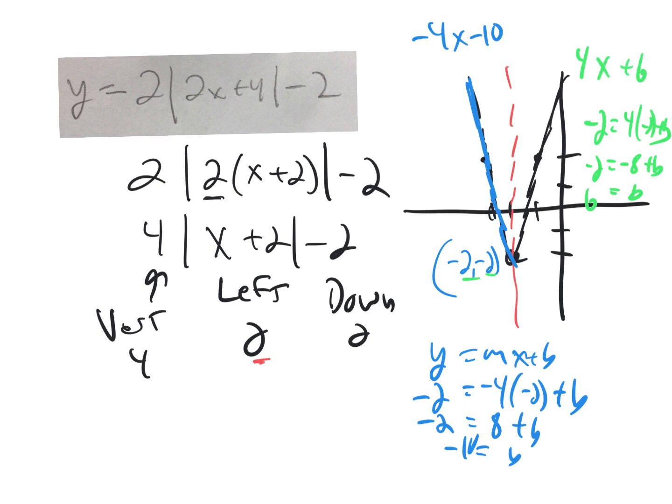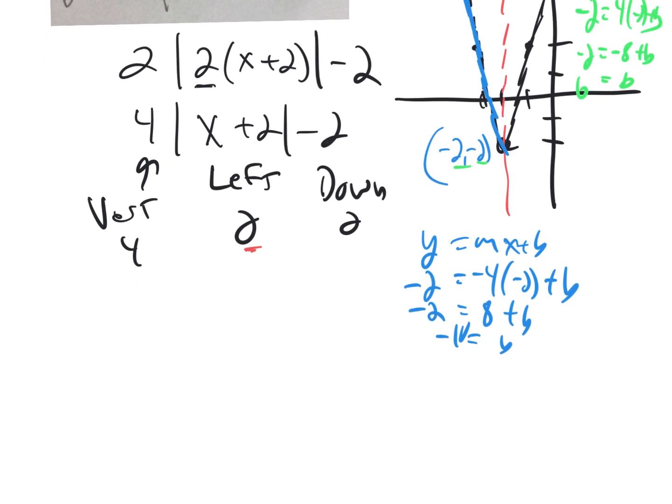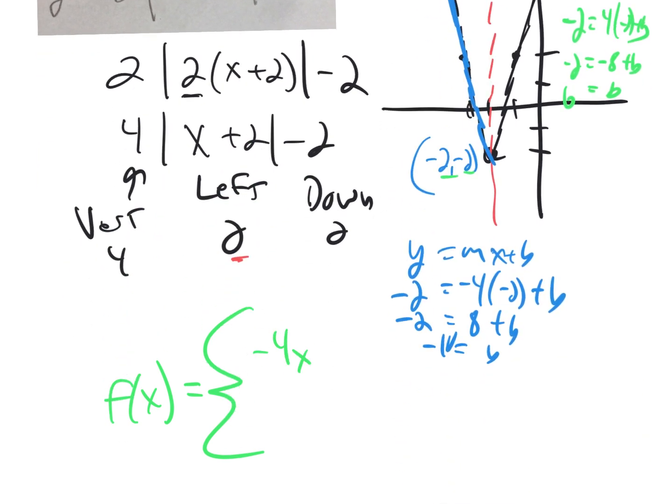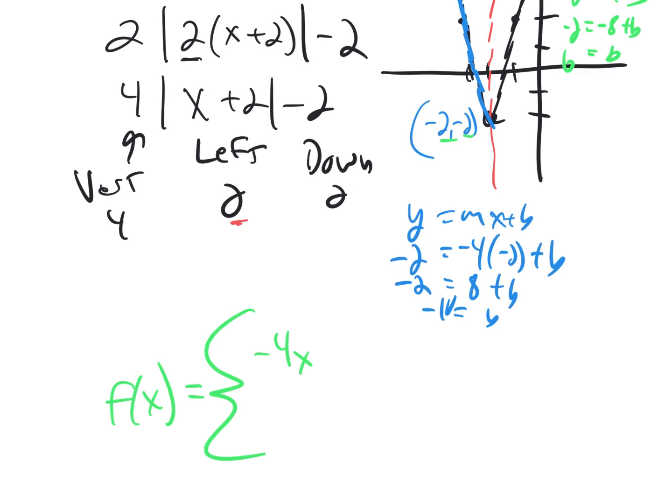So to write the piecewise defined function now, here's where we go with it. I'm going to say f of x equals, curly bracket, -4x, what was it, 4x minus 10? So -4x minus 10. And I'm going to use that piece from -infinity until -2.